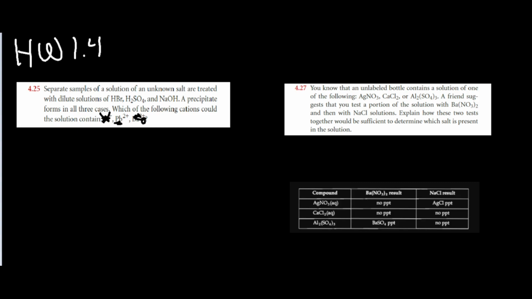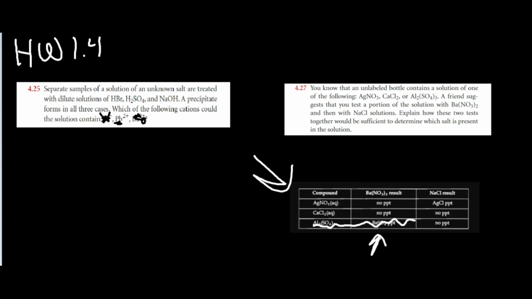So using this handy dandy table that I got, using barium nitrate, we can find that there will be a precipitate only with barium nitrate and aluminum sulfate. So we can cross out this one.